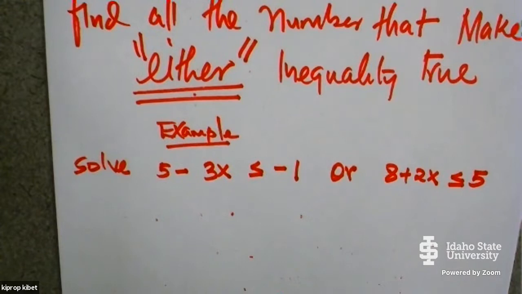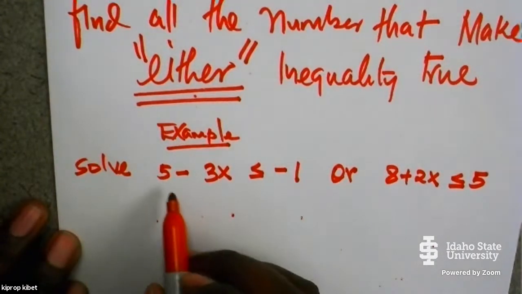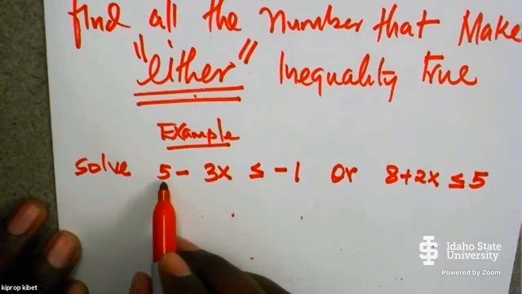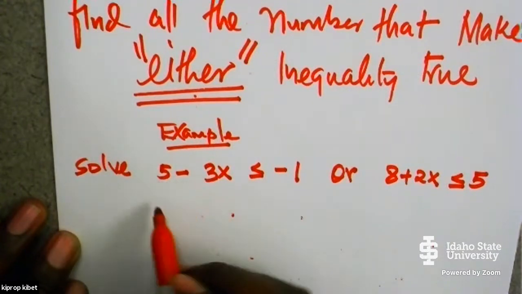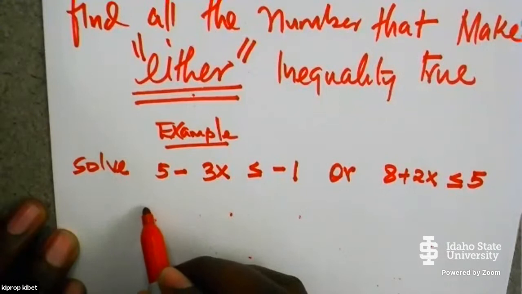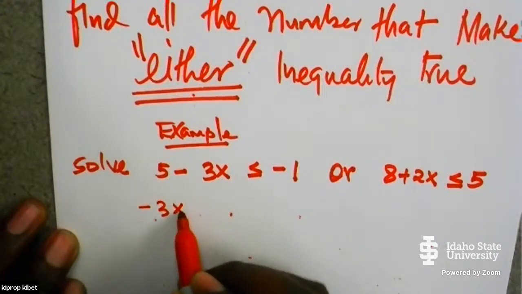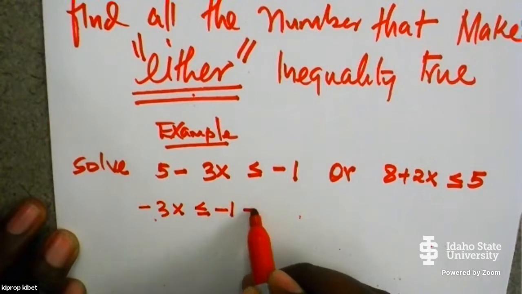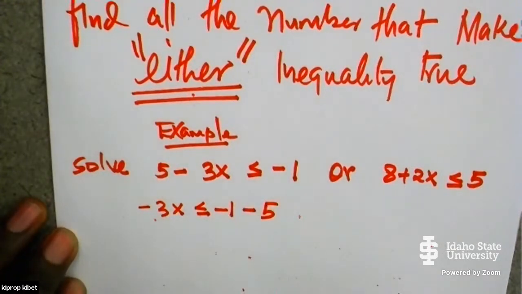Now, the first step is we need to solve for x. So what do you do here? You minus 5 both sides, right? So you get minus 3x less or equals to -1 minus 5, right?